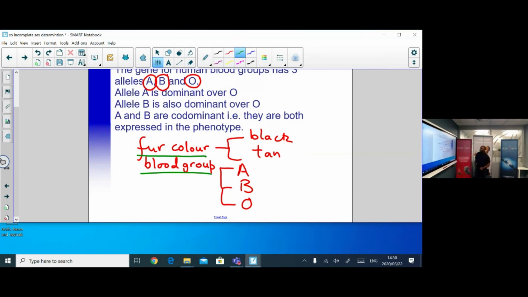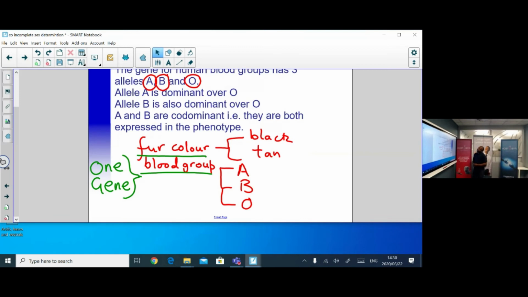So it's still one gene, but more than two variations. So that's what we mean by multiple alleles or multiple allelic interactions.